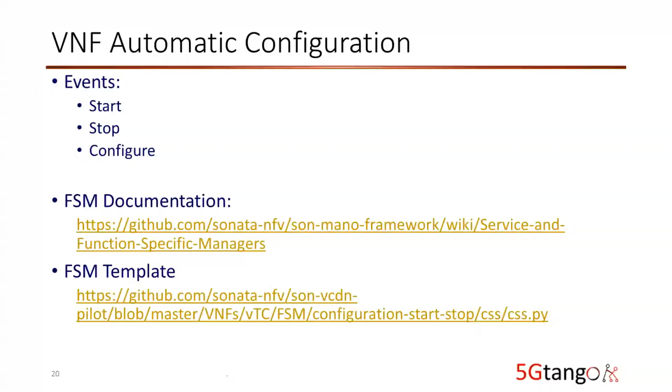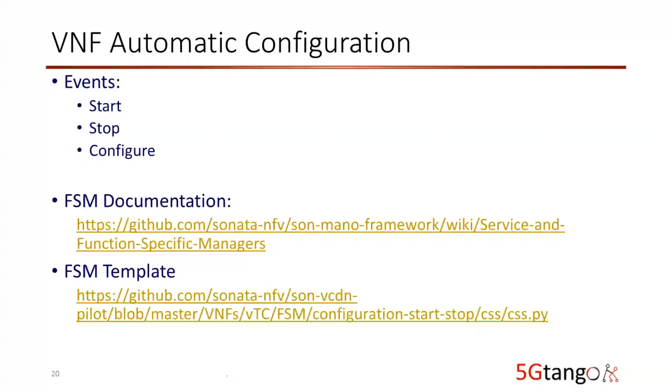Because if you have an Nginx or an application that needs to connect to the database, you don't know the database IP address. But the orchestrator, when it deploys the network service, will know the IP address, and via the FSM it will have the information of the IP address of the database.